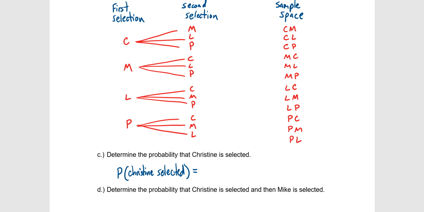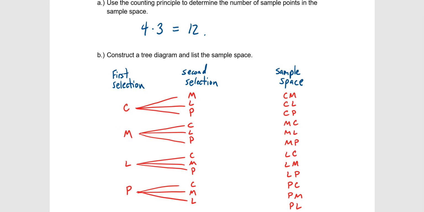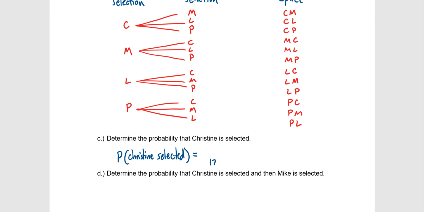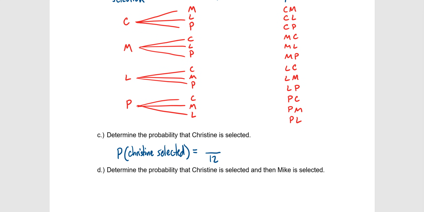We know there are 12 outcomes in the sample space, so the denominator is going to be 12. Now all we have to do is count up how many times she was selected: 1, 2, 3, 4, 5, and 6. We just count all of the sample points that have a C in them. So that's 6 out of 12, which simplifies to 1/2.